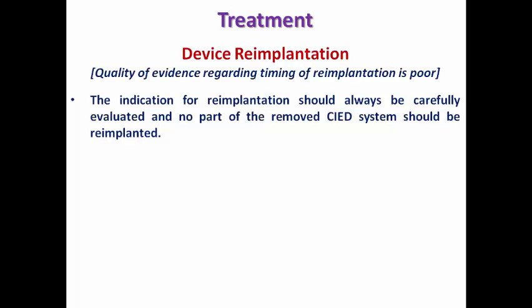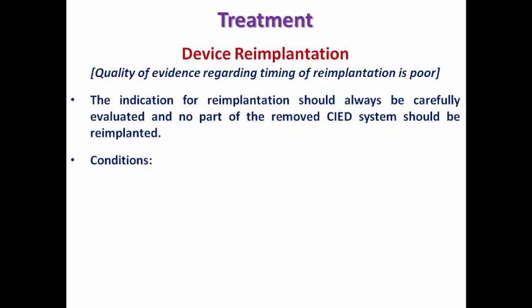You should ask yourself, is the patient still indicated for pacemaker or for ICD or CRT implantation, or is he no longer indicated according to the guidelines of pacing or guidelines of ventricular arrhythmias? And be sure that no part of the removed CIED system is reimplanted. So for example, don't sterilize the battery and put it on the other side. No, there is still a high risk for relapse or reinfection.